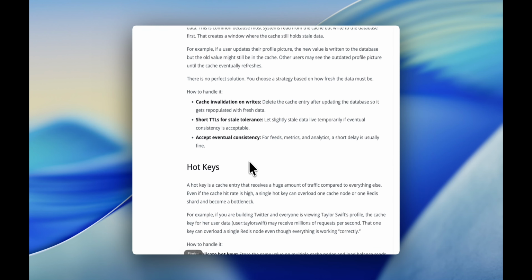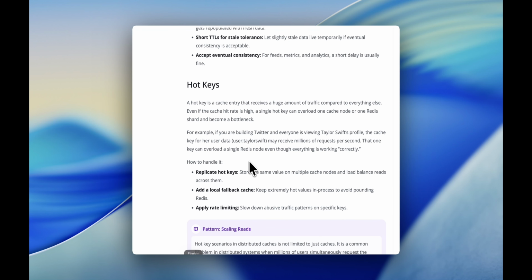Now, lastly, we have something like hot keys, and a hot key is a cache entry that receives a huge amount of traffic compared to everything else. What can be the example?